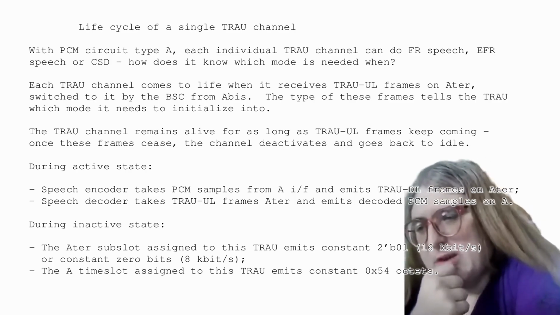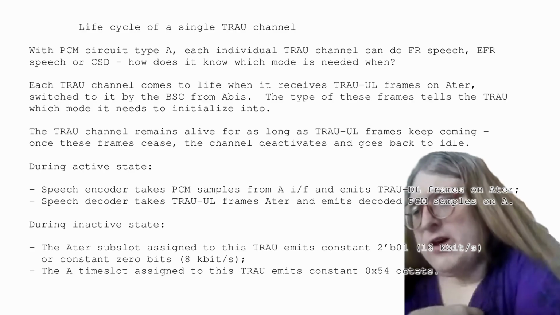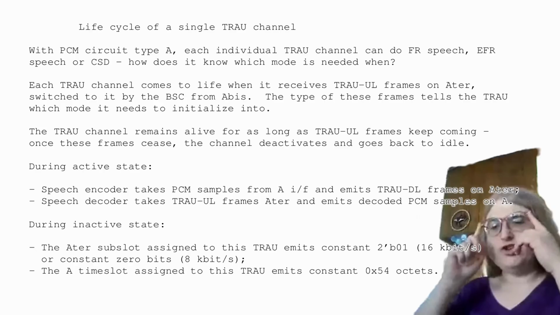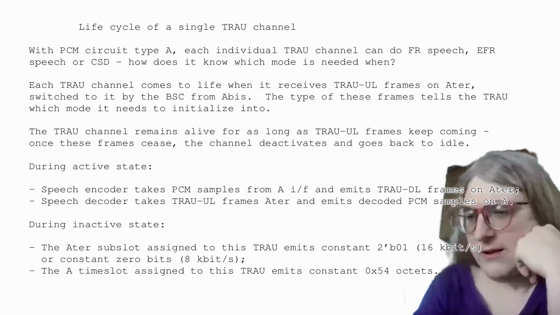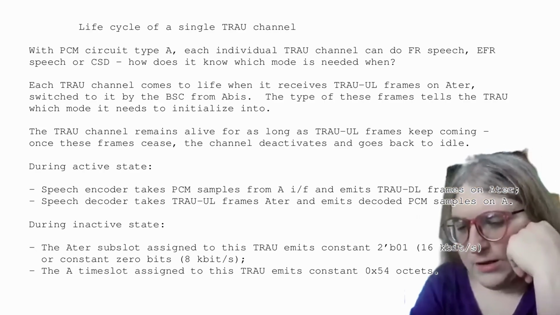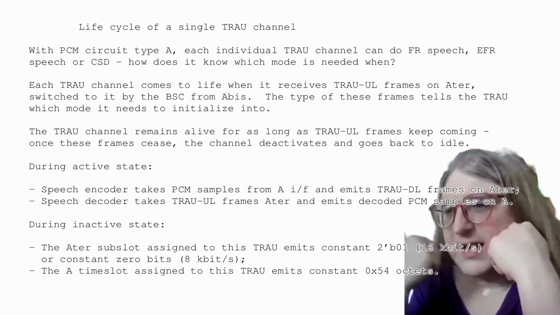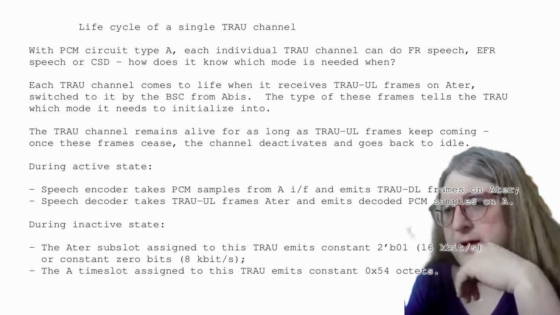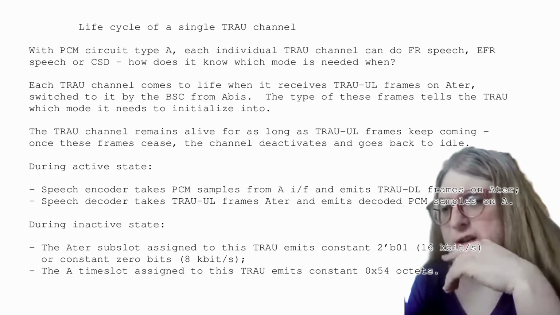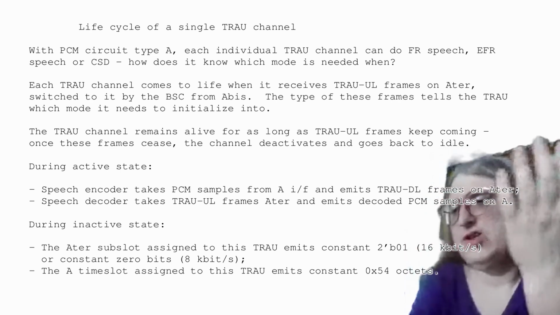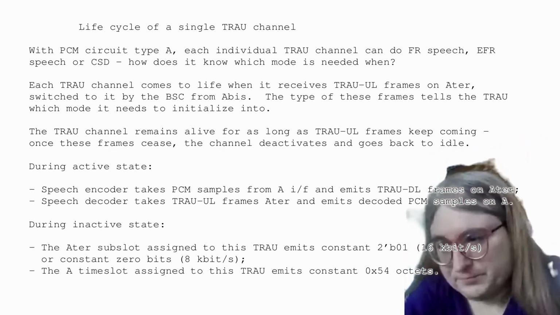But there is a special loopback mode where you tell the TRAU, take the speech from the A interface, pass it through the encoder, loop it back to the decoder, and decode it back. And of course, in that test mode, each channel is forced into an active state without having external TRAU UL frames coming in.